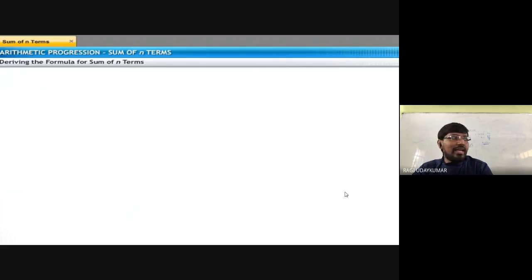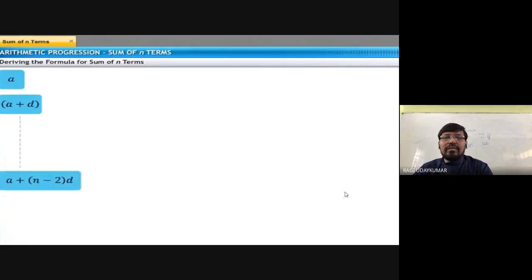So with the help of this, we are going to derive the formula for the sum of n terms of an arithmetic progression. See here, the first term is a. The same concept is used. The second term is a plus d, and if you continue, a plus (n minus 2) into d, a plus (n minus 1) into d.